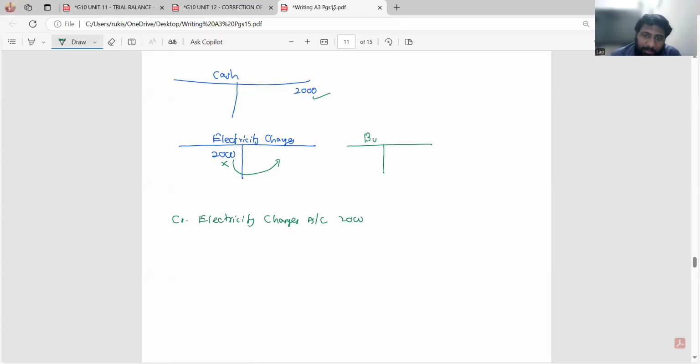What's the correct account? Building rent account 2000. Remove from this 2000, write it to the correct account. So debit the building rent account 2000. So that's the journal entry for the first one.